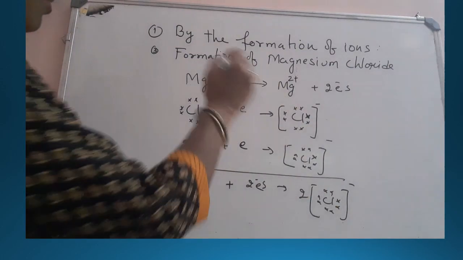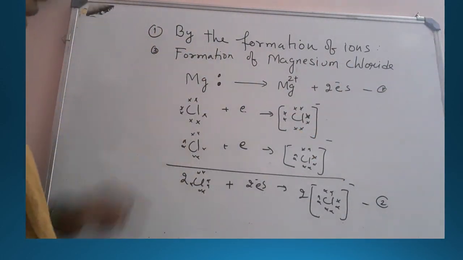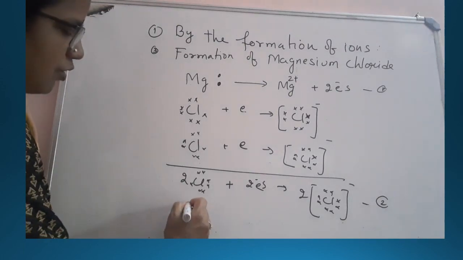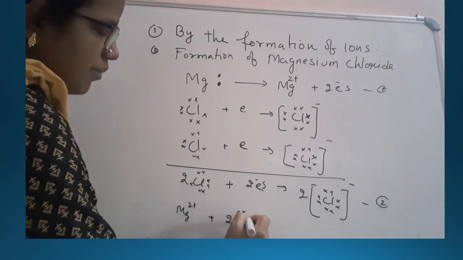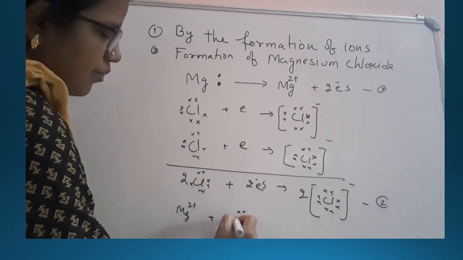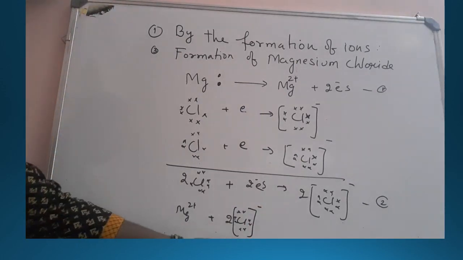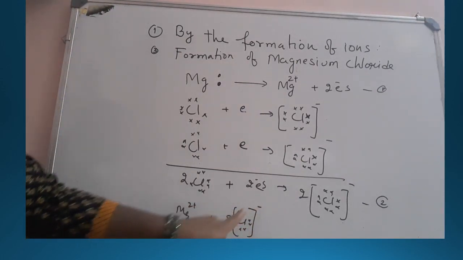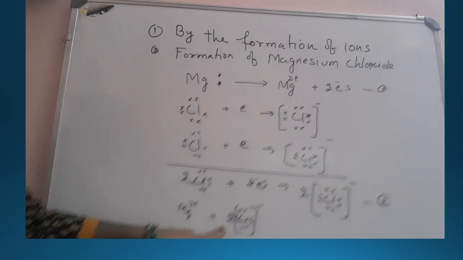So you can see Mg2+ and 2 Cl minus. For one chlorine atom we can give 1 negative charge. The number of chloride ions is 2.